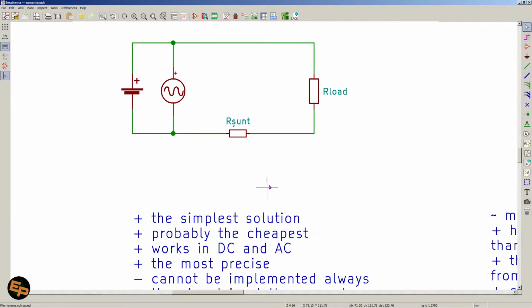So you will most likely be able to use a shunt resistor in your designs. However, if you need to measure something that you didn't design, something that you didn't build, then it's very likely that you won't be able to put a shunt resistor in to measure its current.